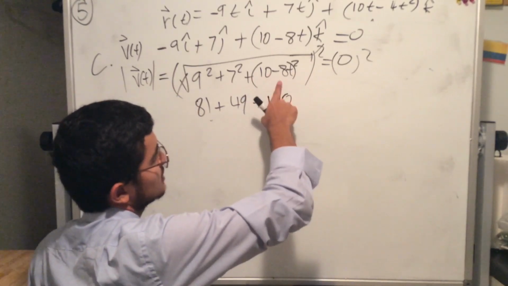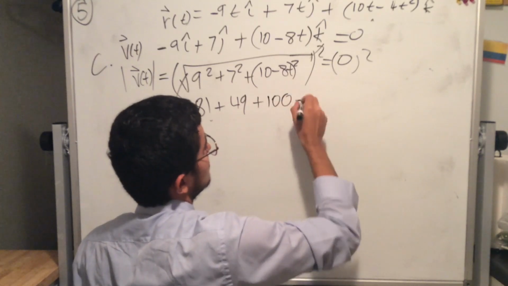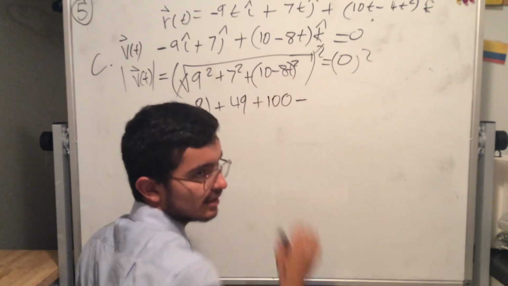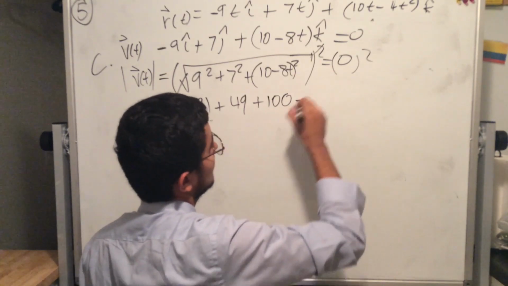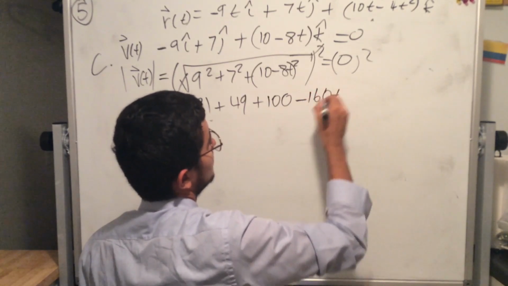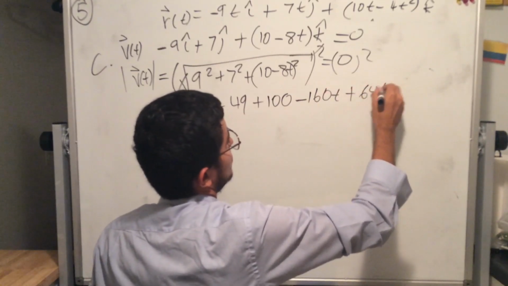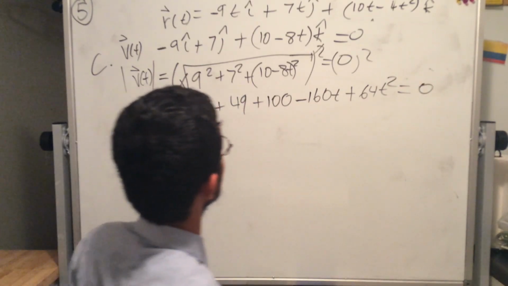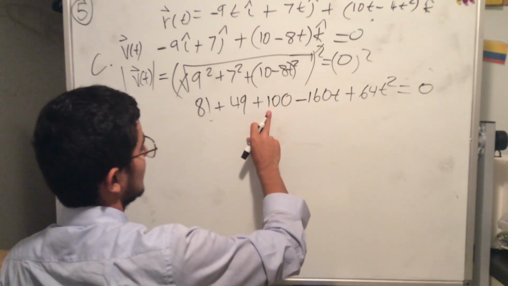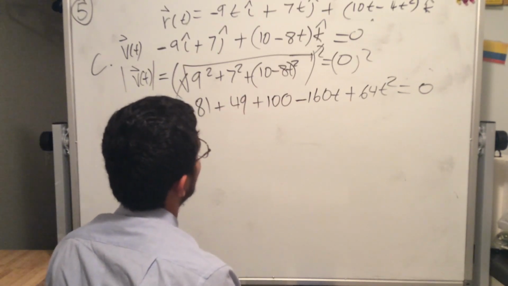times 2 times AB, right? So we're going to have minus 8 times 10 is 80, times 2 is 160. So 160t plus 64t squared, all of that equal to 0. Over here we could simplify this a little bit. 100 plus 81 is 181, right?